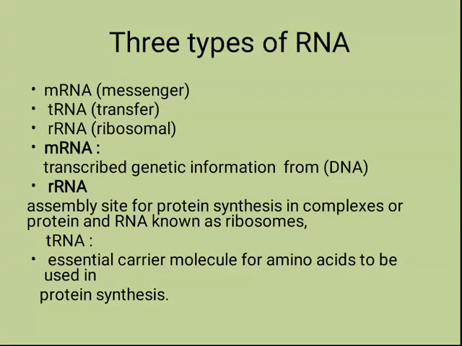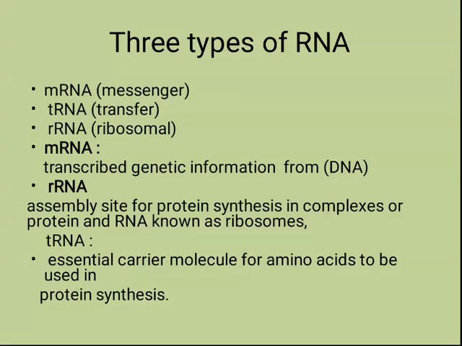The second main function is synthesis of protein. DNA plays an important role in the synthesis of protein, and it occurs in two steps. Number one, transcription. Number two, translation. So what is transcription? The process which leads to synthesis of RNA is called transcription.